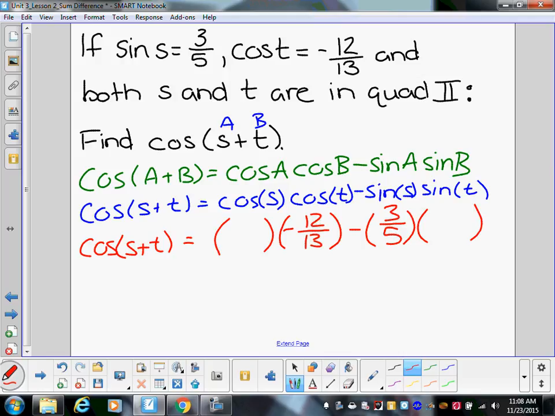So far, it's just recognizing it's cosine, and in addition, pulling out the correct identity from your identity sheet, and plugging in the values you know from the information.